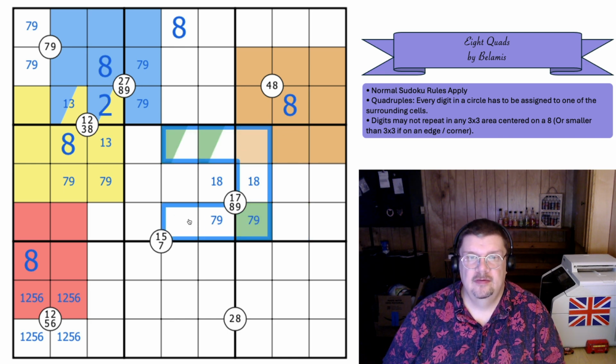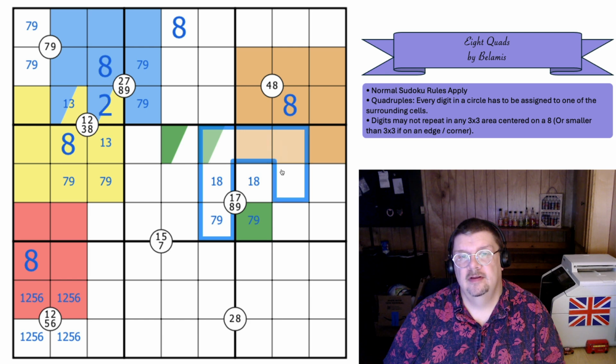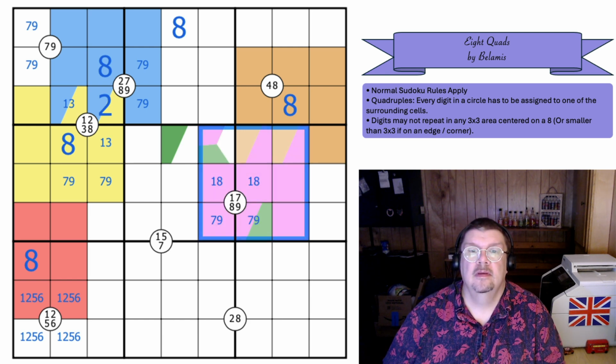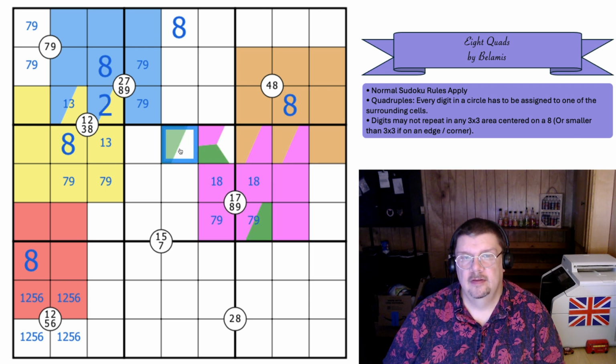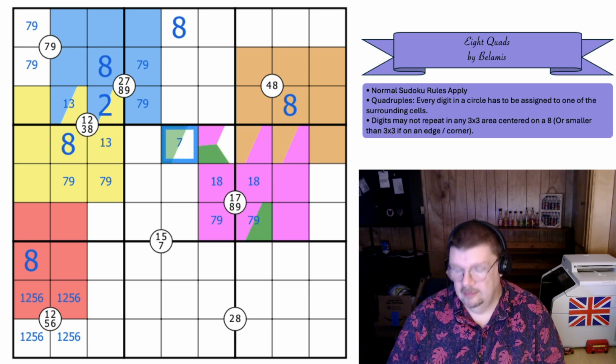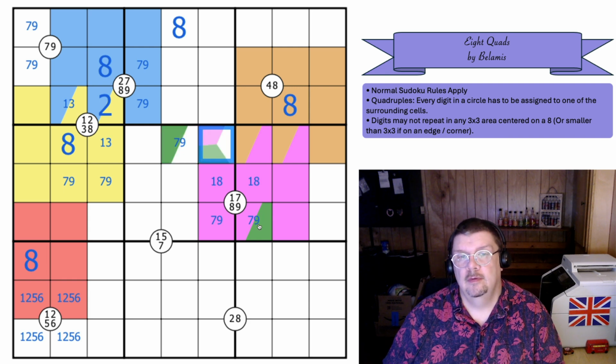But if this is the 8, this cell here, then neither of those can be the green digit. So actually, that tells us that this is our new region. I'm going to remove the green, because that one can't be green. That one's the green one. That is 7 or 9. We'll resolve it later.